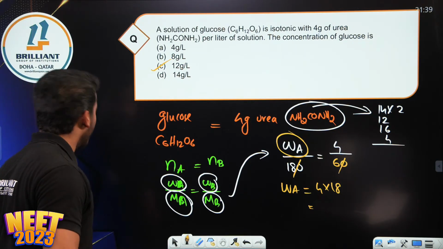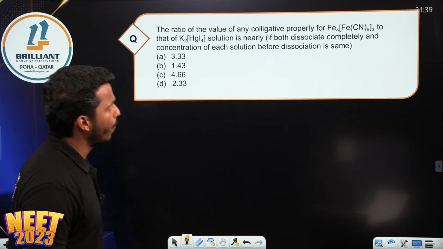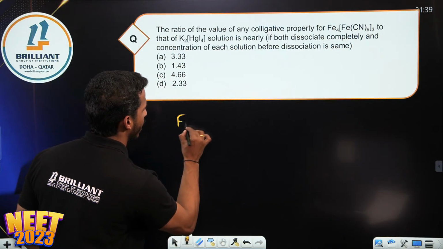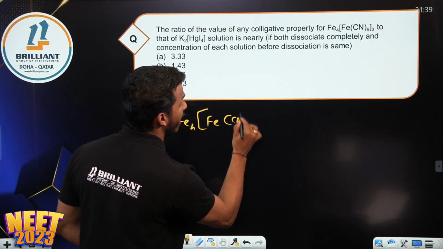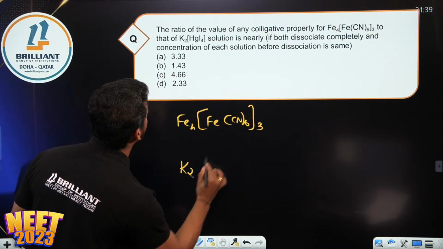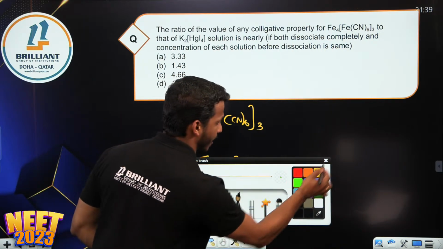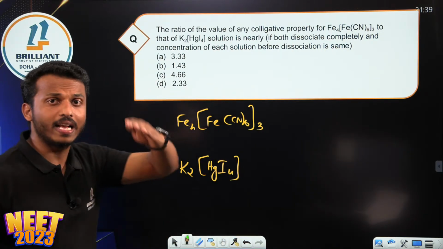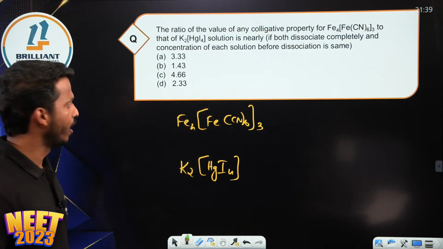We'll get it. Next one: the ratio of the value of any colligative property for the compound Fe4[Fe(CN)6]3 to that of K2HgI4. They're given two complexes here. They're asking what is the ratio of their colligative property.